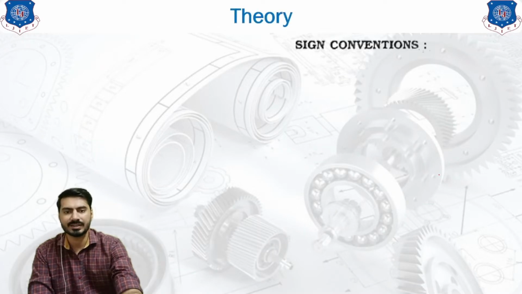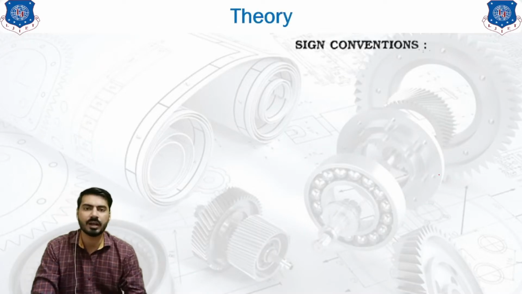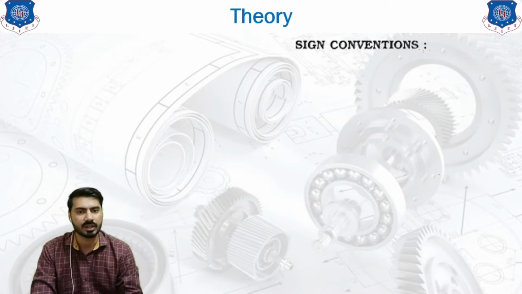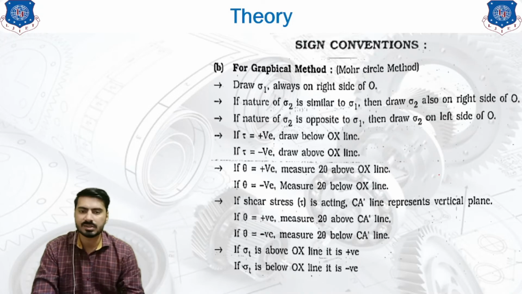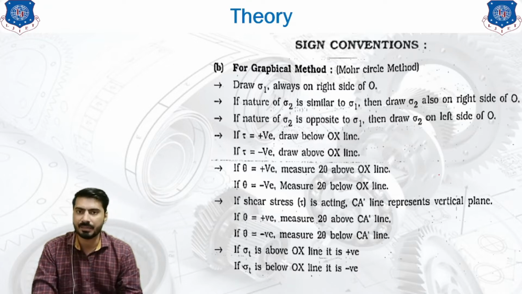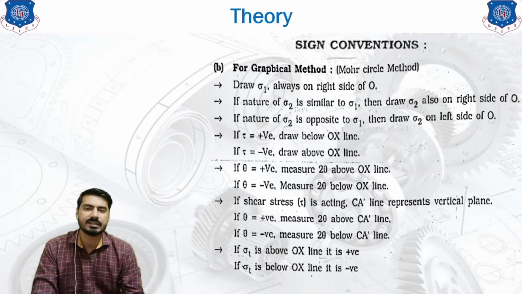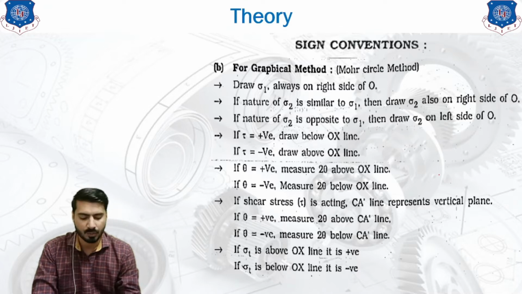To get started, we also need to understand the sign convention of the Mohr circle. To draw the Mohr circle, these are the sign conventions that you need to understand before starting the method. First one is: draw sigma 1 always on the right side of the O point. Let me draw everything over here so that you can understand.